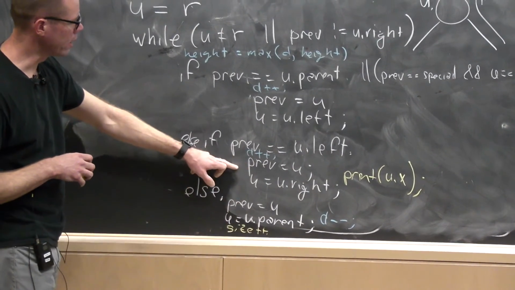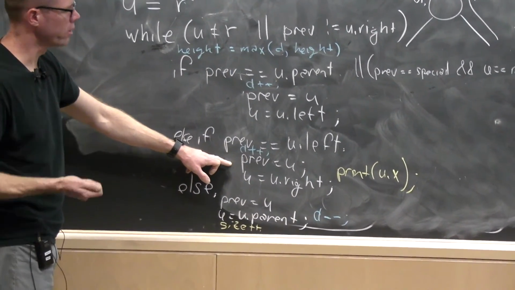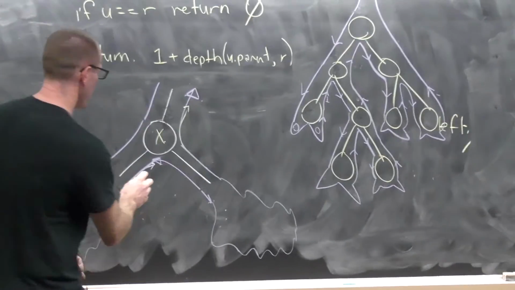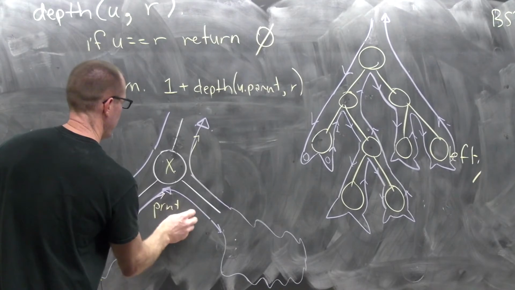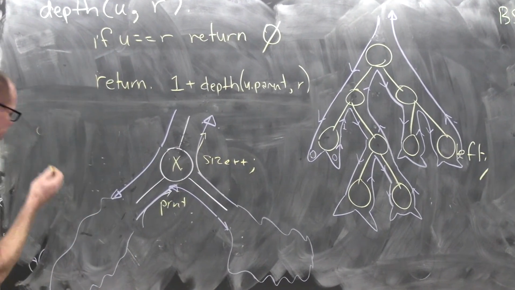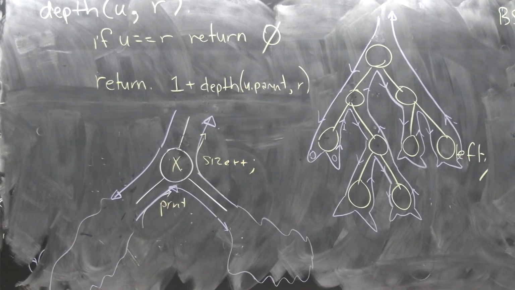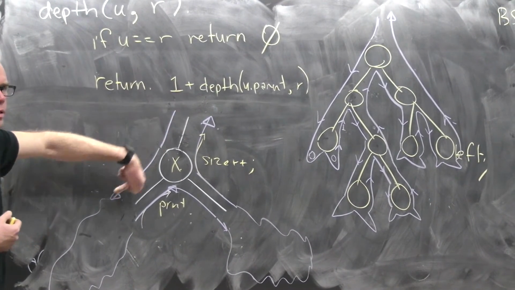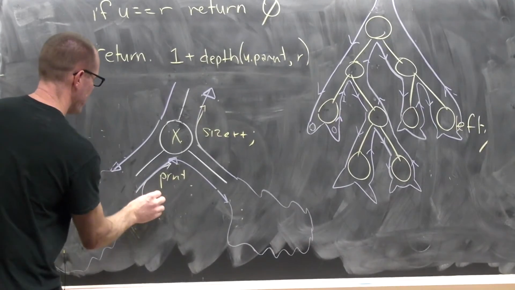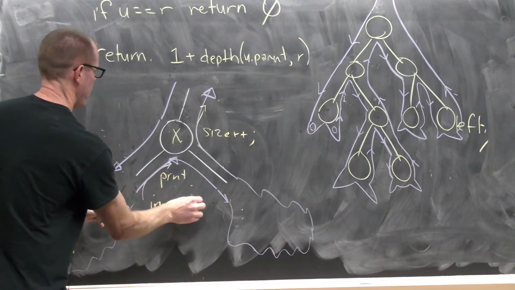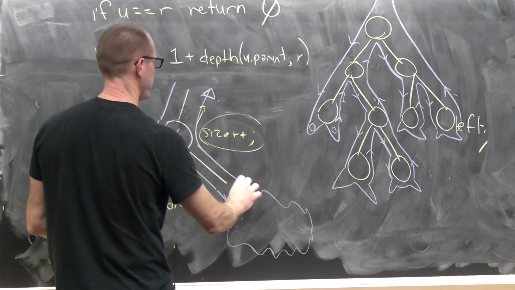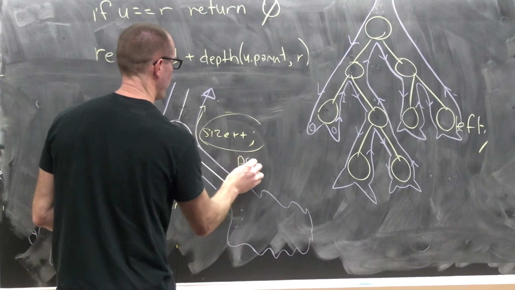When we're trying to print in order, we do it in the second branch as we're crossing here. So this was print. This was size plus plus. And there's some applications, but not that many, where you would actually want to do it on this branch here. So this is called in order if you do it as you come from the left to the right. If you do your work here as you're leaving the subtree, that's called post order.